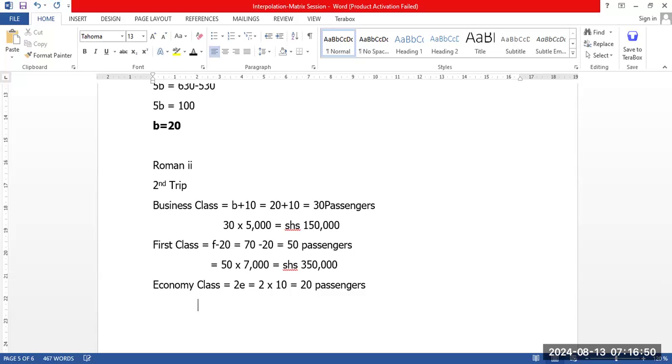And the amount would be 20 passengers times each is paying 4,000. And this is shillings 80,000. But they are saying we look for the total income. So total income you are going to add, get 150 plus 350.